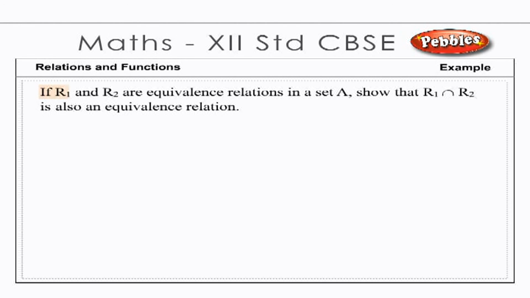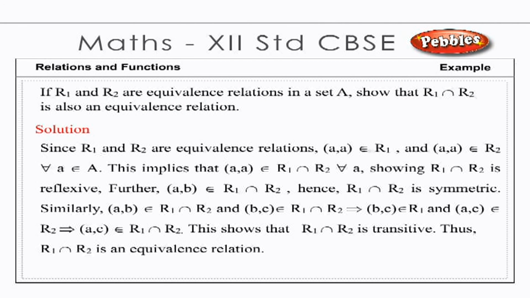Example. If R1 and R2 are equivalence relations in a set A, show that R1 intersection R2 is also an equivalence relation. Solution. Since R1 and R2 are equivalence relations, (a, a) belongs to R1 and (a, a) belongs to R2 for every a belongs to A. This implies that (a, a) belongs to R1 intersection R2 for every a, showing R1 intersection R2 is reflexive.